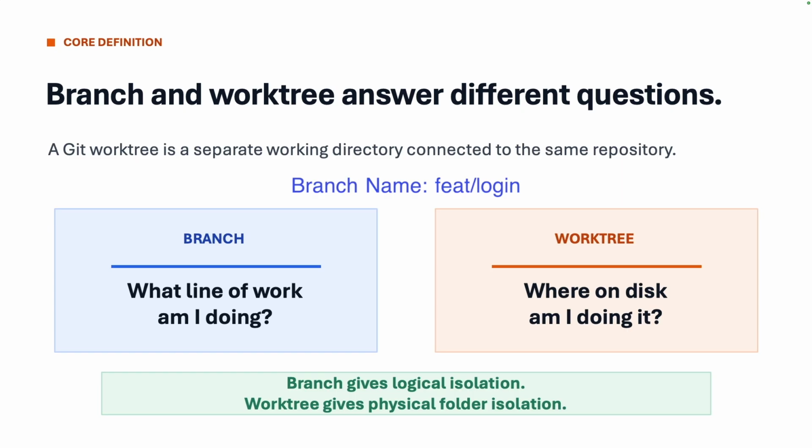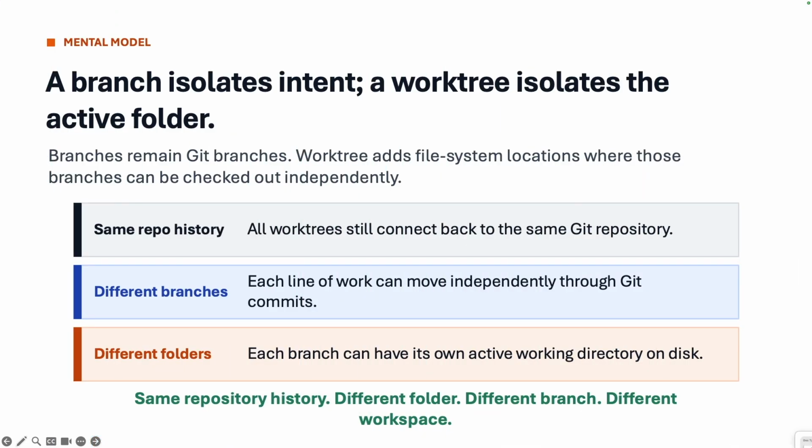So the branch gives you the logical isolation and the worktree gives you the physical folder isolation. That is the whole difference between a branch and a worktree. A branch isolates the intent and the worktree isolates the active folder.